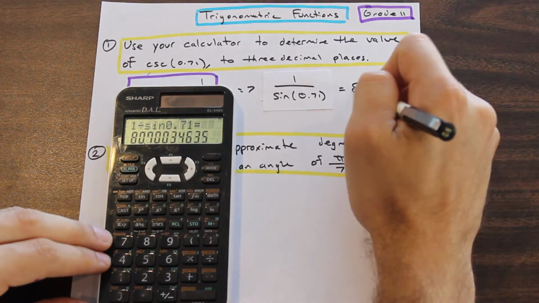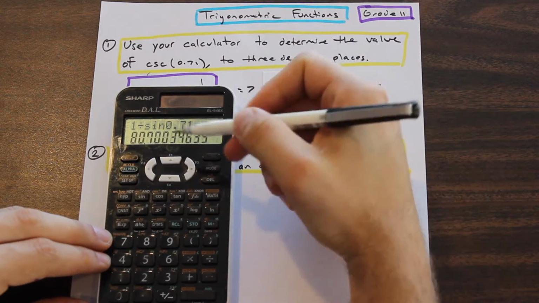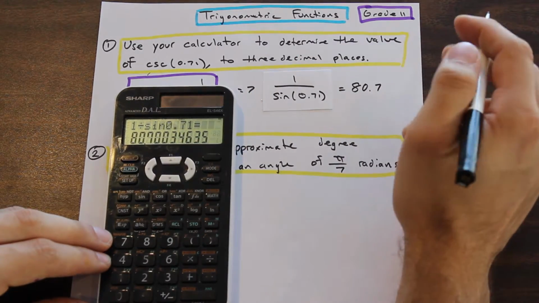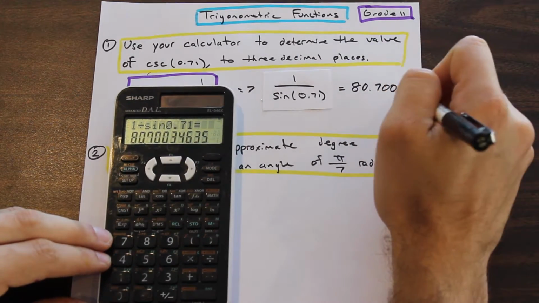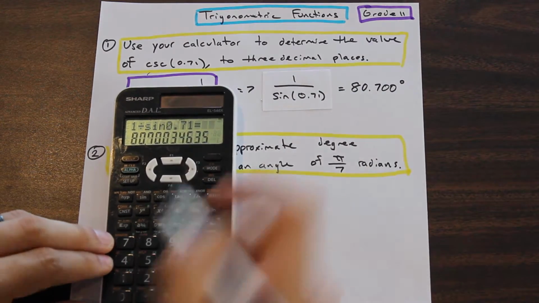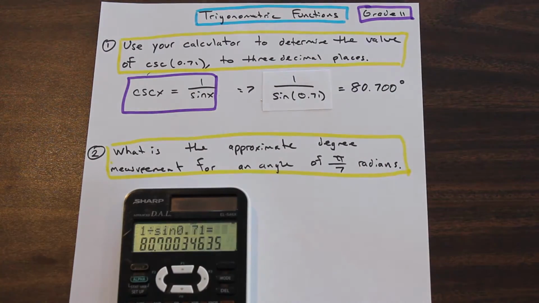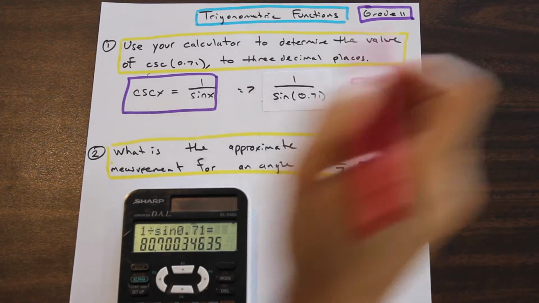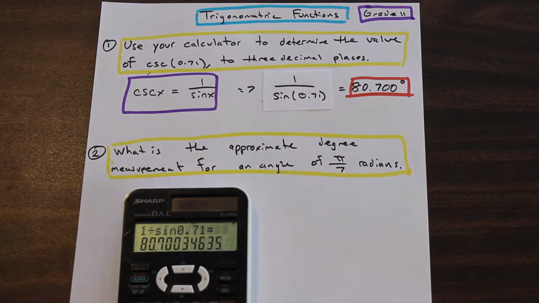The next digit is a 3, so we're not going to round up, and that's the answer. We're including the significant digits that they asked us to.